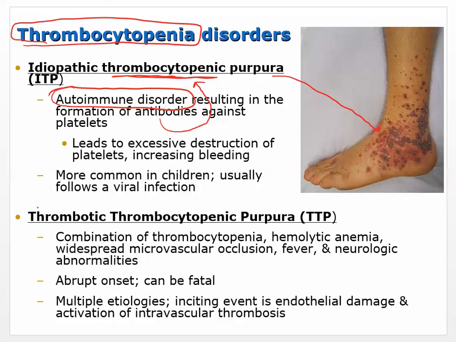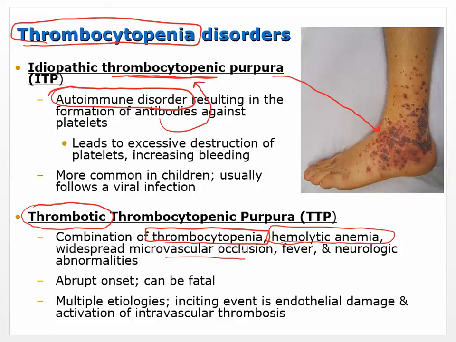And then there's thrombotic thrombocytopenic purpura. So this is also a combination of thrombocytopenia, not enough platelets, hemolytic anemia, breakdown of red blood cells, and then widespread microvascular occlusion, fever, and neurological abnormalities.